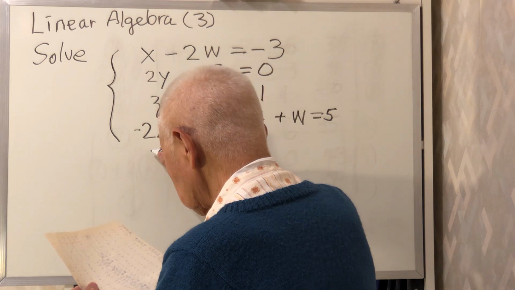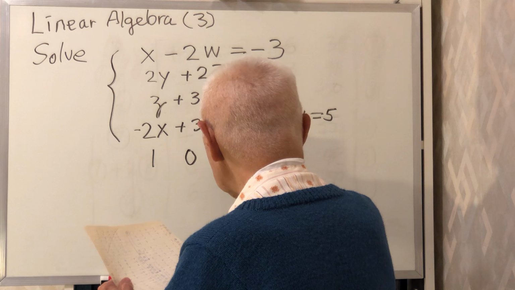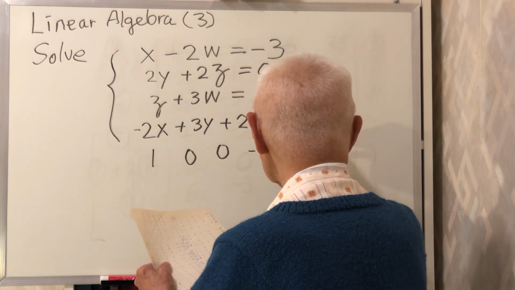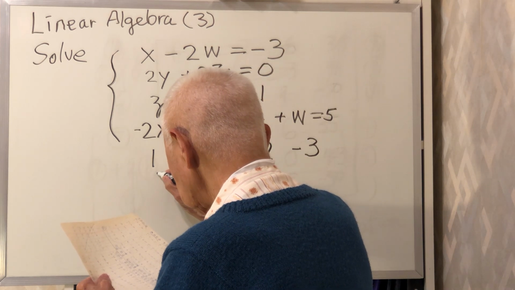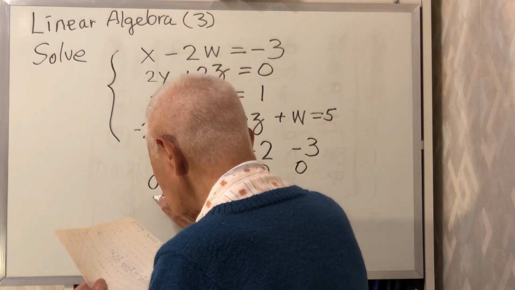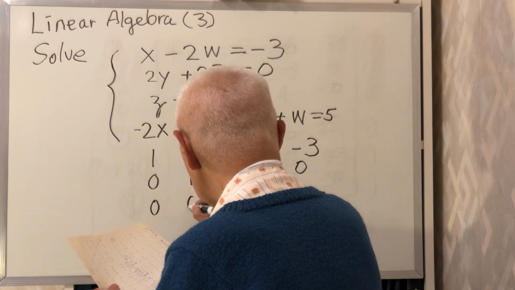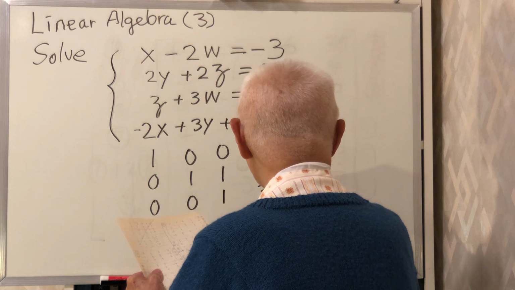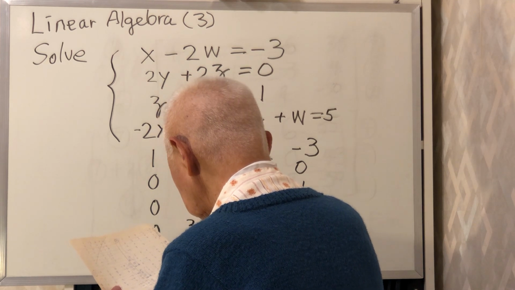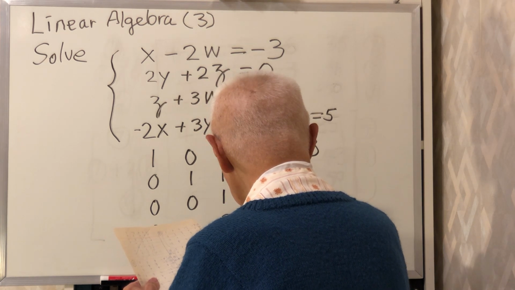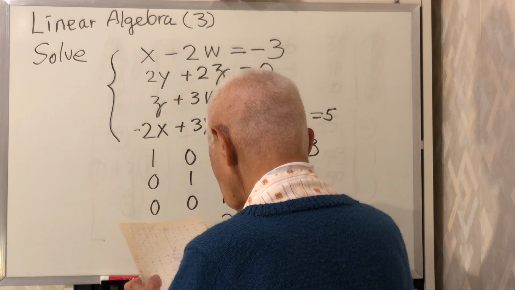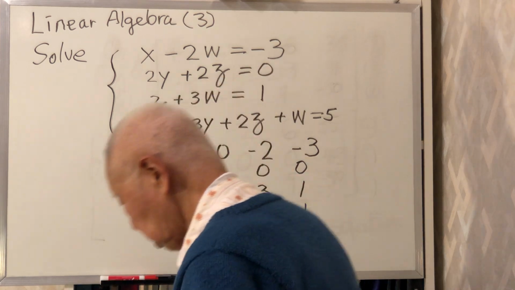So I have 1, 0, 0, -2, and -3. I made a mistake.